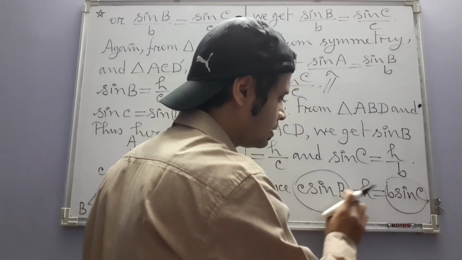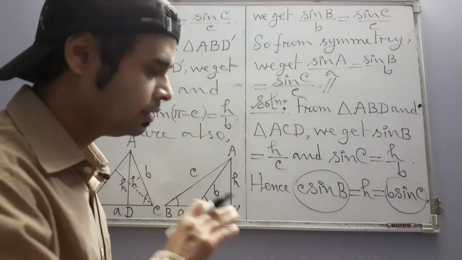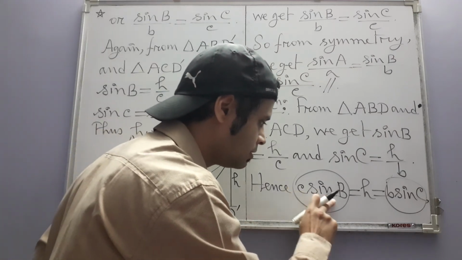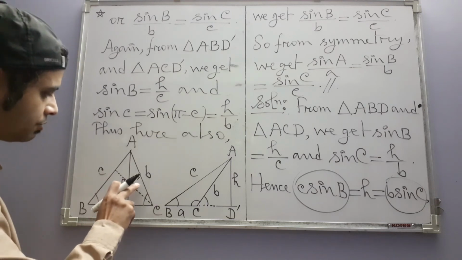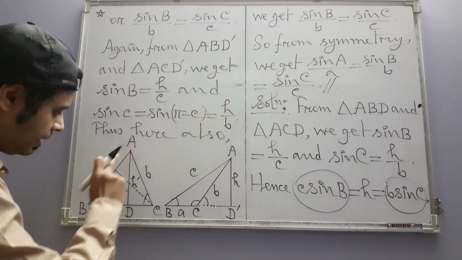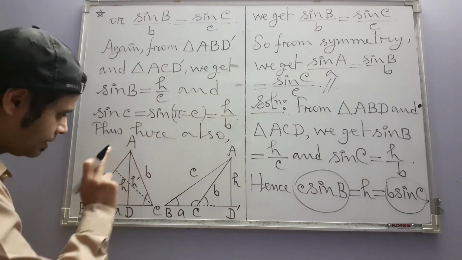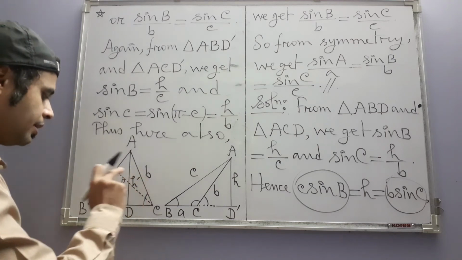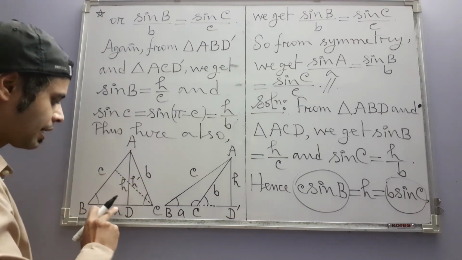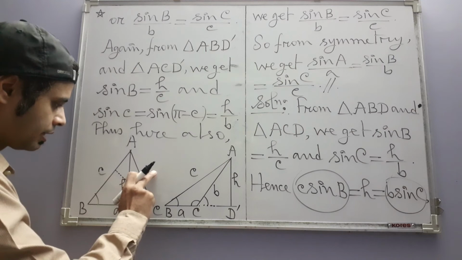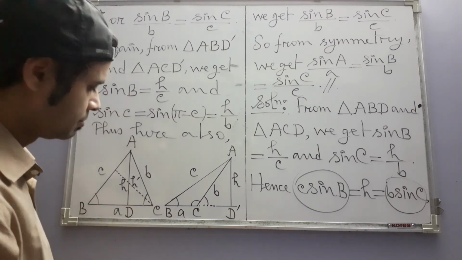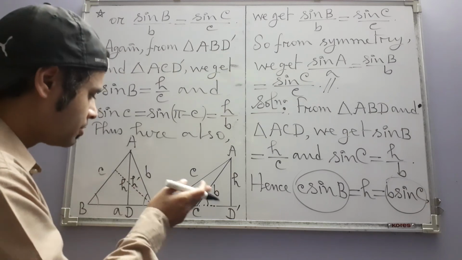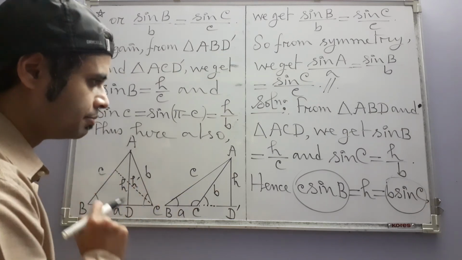Ultimately what you need is this thing, that C sine B is equal to B sine C. A similar argument would give you A sine B equal to B sine A, or rather I should say B sine A, and both of them will be equal to h prime.